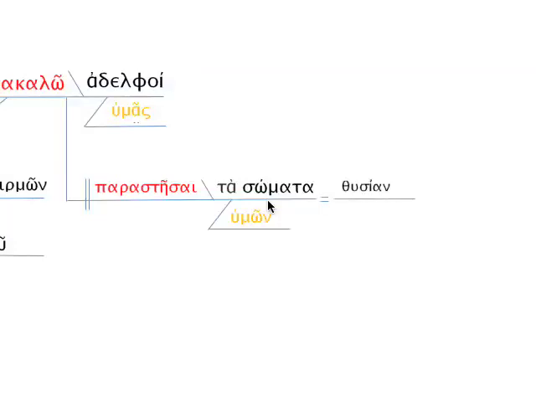It would be equated to thusian. This is sacrifice, actually. To present your bodies as a sacrifice. So to present the body is further explained to us as a sacrifice in the temple.